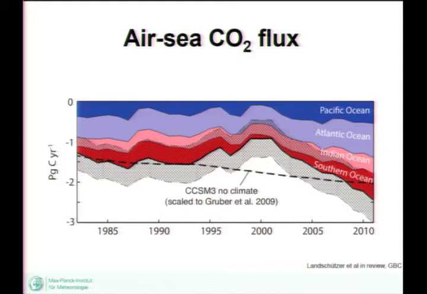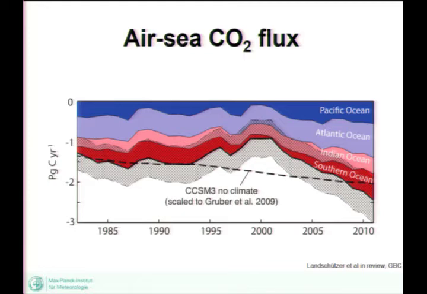The solid black line is the global integrated uptake, and then you see in the dotted hatched area the uncertainty of the method. And what's very interesting is when you compare this solid black line to this dashed line. And this dashed line is derived from an ocean model where we turn off climate.